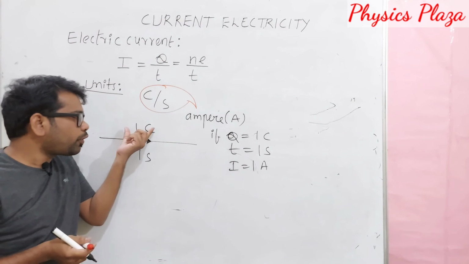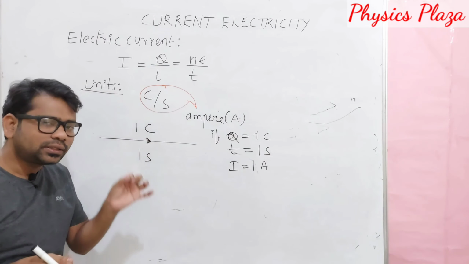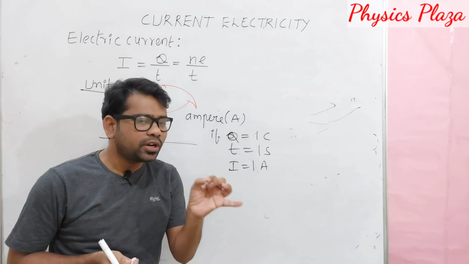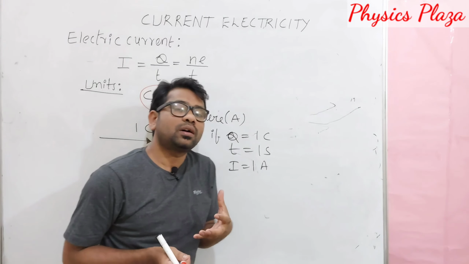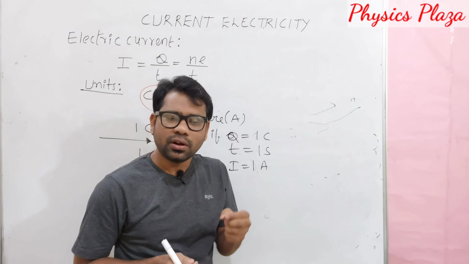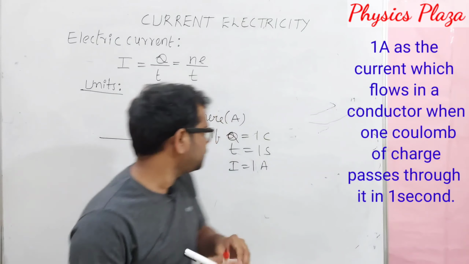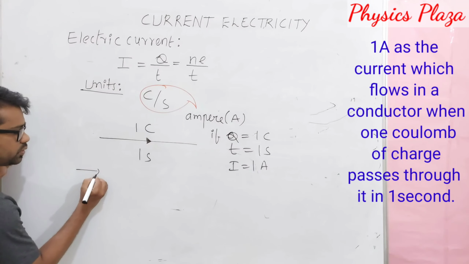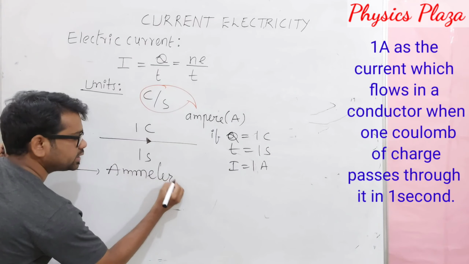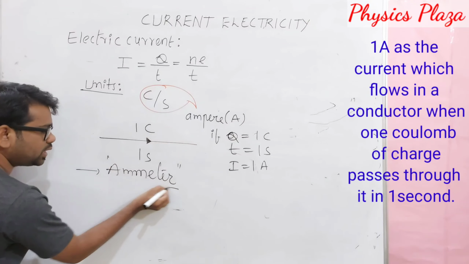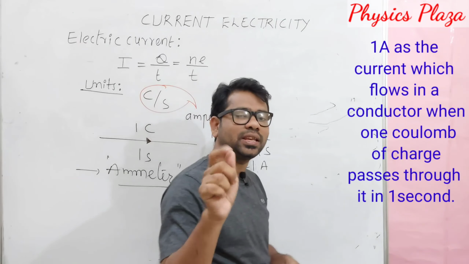Means if 1 coulomb charge is flowing in the conductor in 1 second, then the current is equivalent to 1 ampere. Then dear children, how can we measure the electric current? We measure the electric current by using a device called an ammeter. It's very important. The ammeter is a device which is used to measure the electric current in the circuit, and it is always connected in series only.